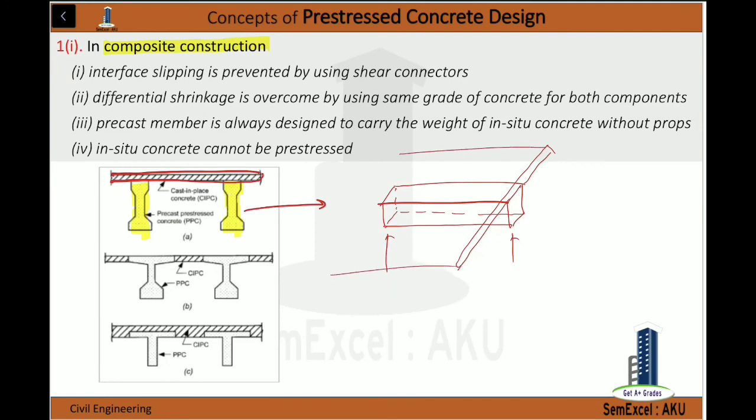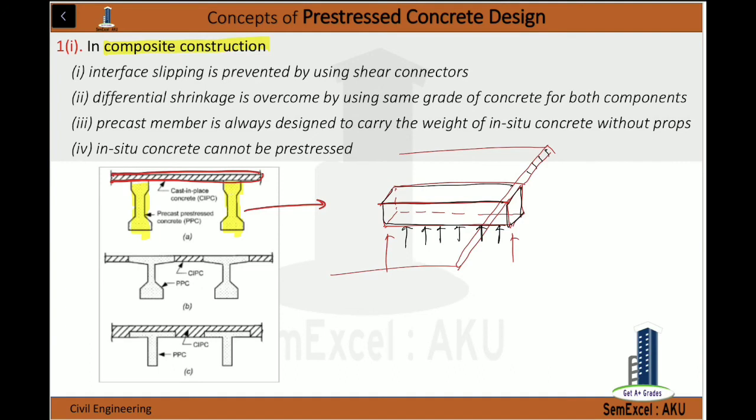First case, if we provide some props in between, props meaning simple supports in between, then this beam, all over the length, need not be designed for that additional load that is occurring due to the slab.